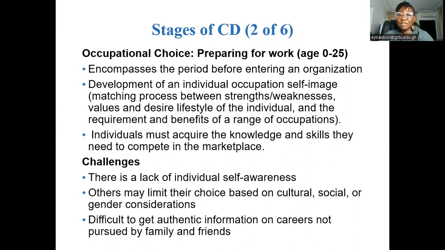You need to have some development of an individual's occupational self-image. At that stage, you are educating yourself and you are occupied with your self-image. You're trying to match your strengths and weaknesses. You're looking at your values and desires, your lifestyle, and also what you want to be.